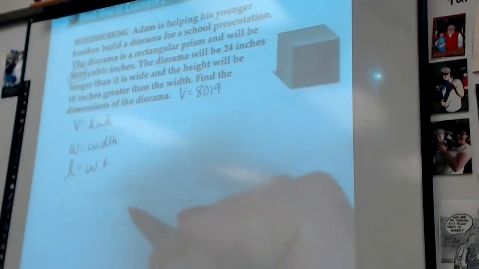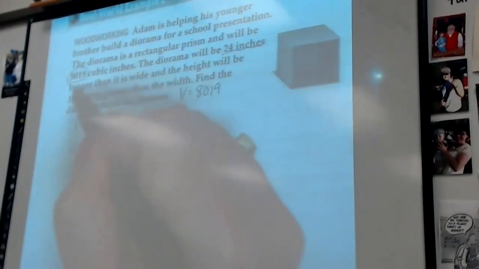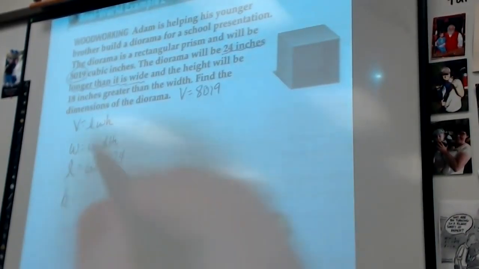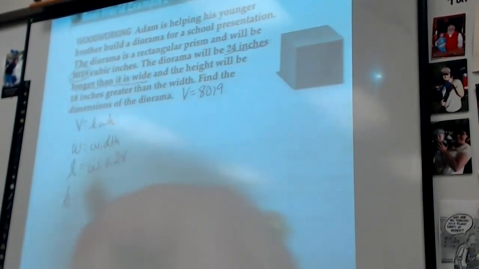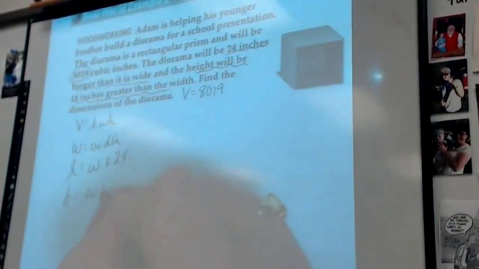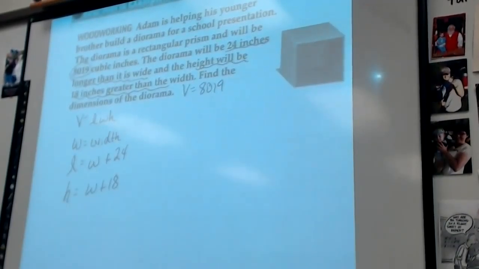It'd be the width plus 24. So the length is W plus 24. It's the width plus 24. Height, it's in terms of width also. So it'd be W what? It's 18. Says the height is 18 inches greater than the width.